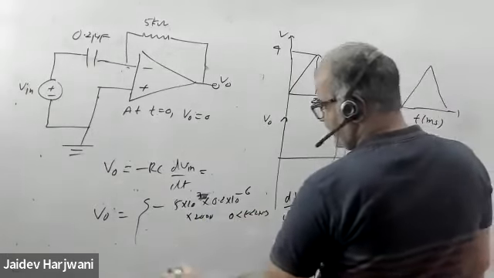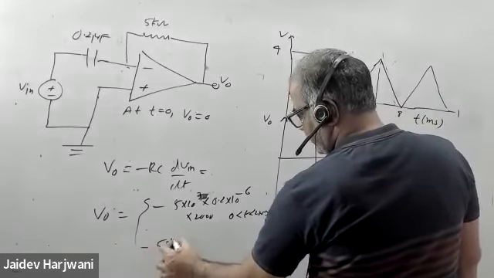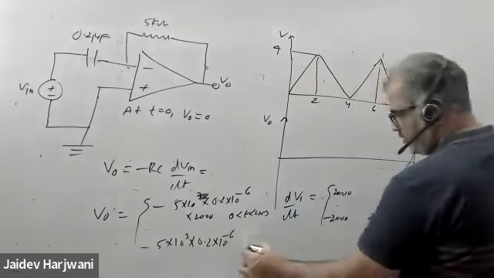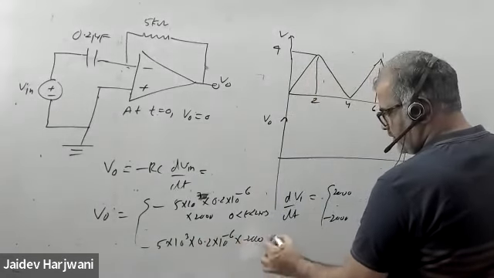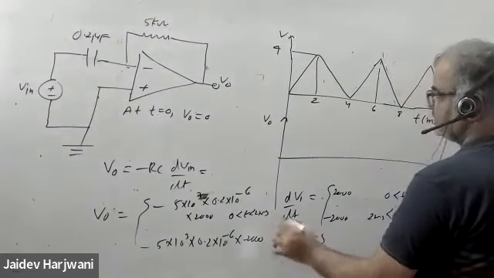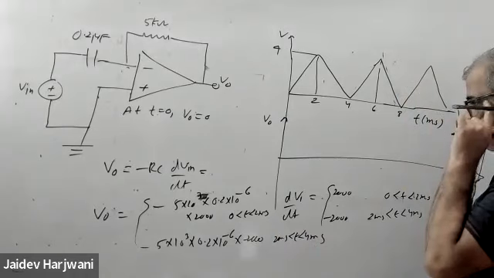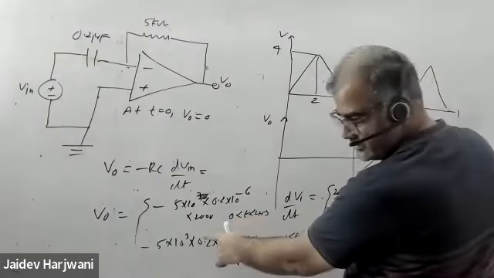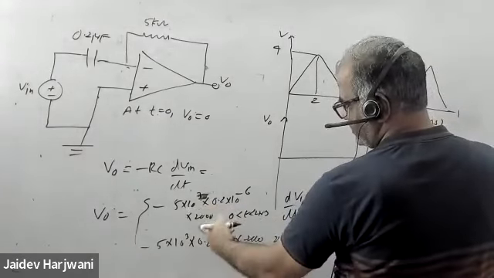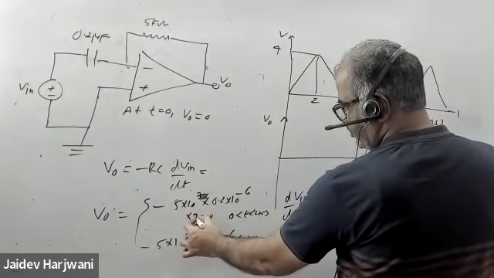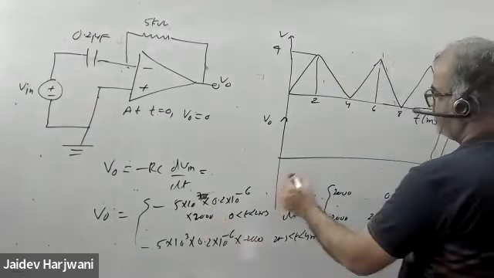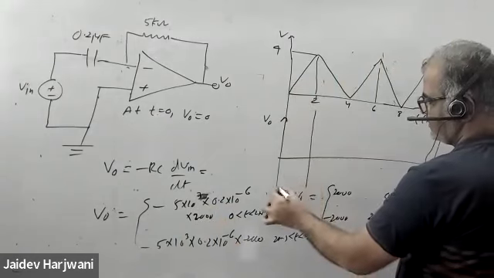In the second period you have again minus 5 kilo ohm, 0.2 microfarad into minus 2000, between 2 millisecond to 4 millisecond. So in this range you get minus 2 volt.